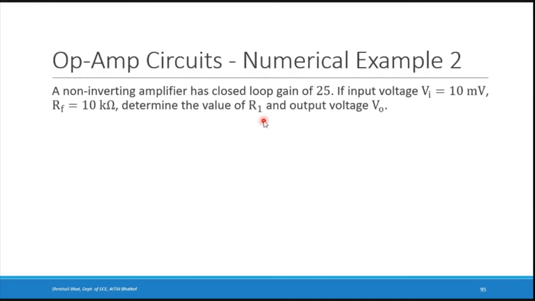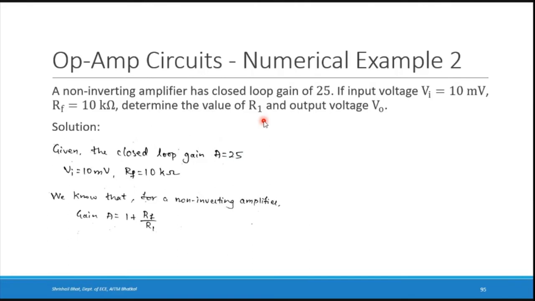So you know the equation for the gain. First write the given things. Gain is 25, Vi, that is the input voltage, is 10 millivolts, RF is 10 kilo ohms. In case of a non-inverting amplifier, the gain is 1 plus RF by R1.